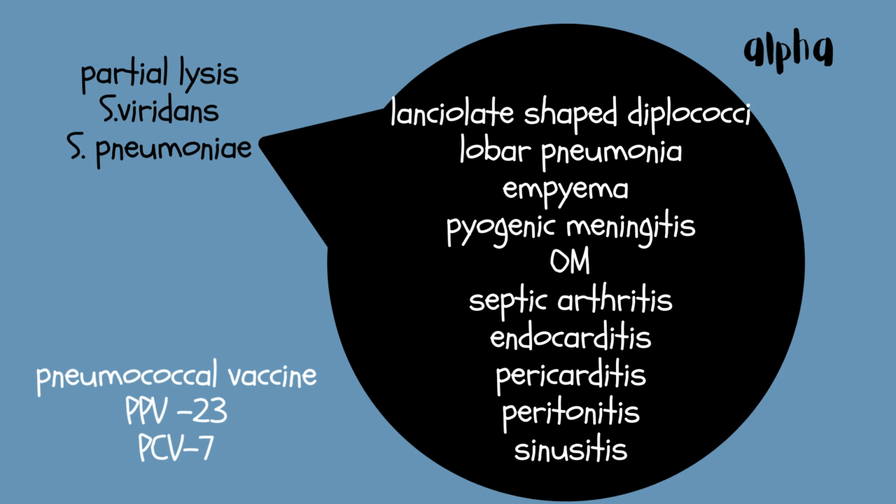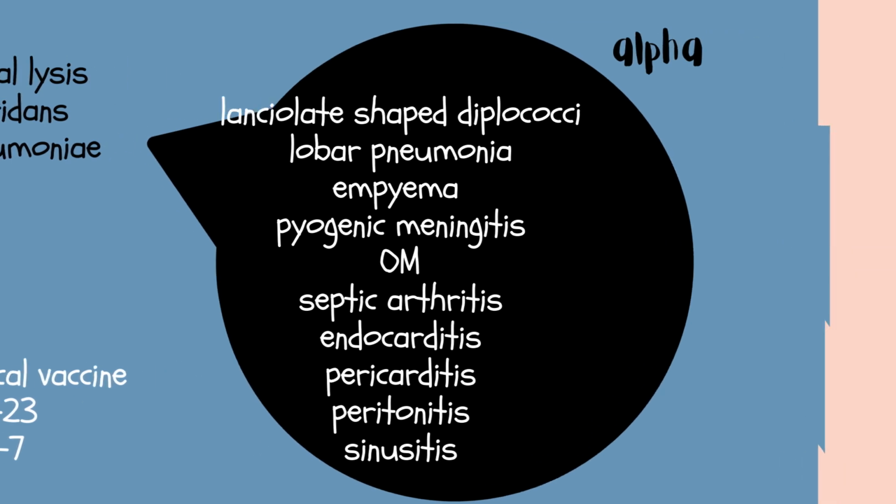It is ideally given 2 weeks prior to the splenectomy, and the pneumococcal vaccines are PCV 7, the pneumococcal conjugate vaccine, and PPV 23. That is alpha hemolytic.